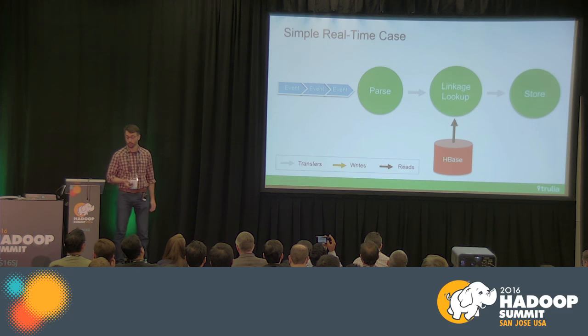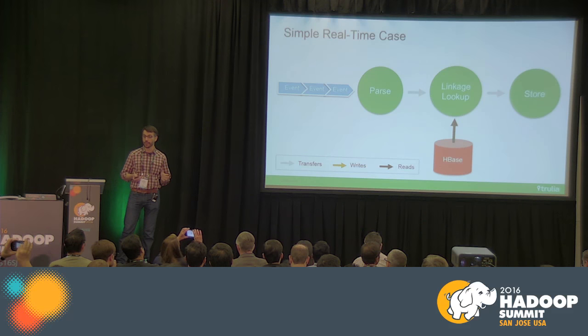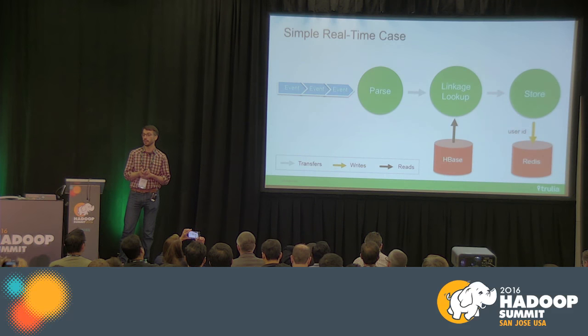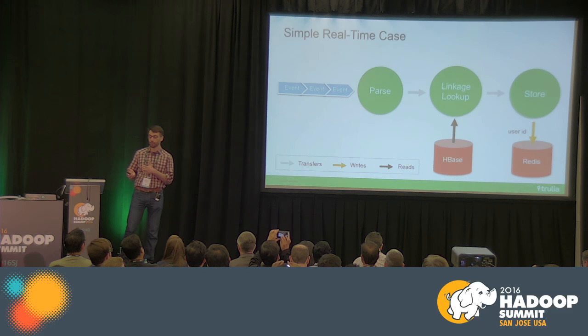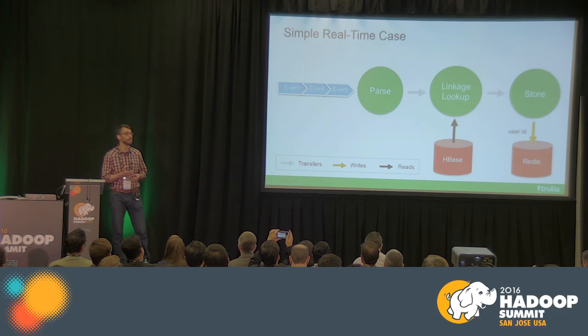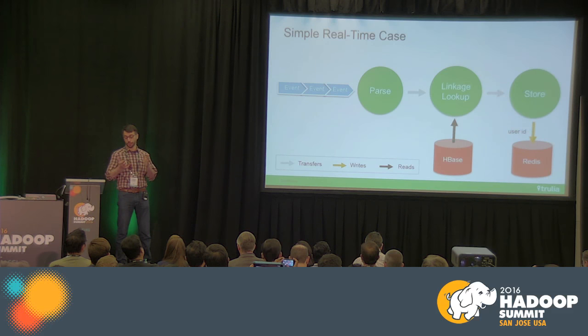And then we would store the partial user traits on an in-memory database, and in our case, we use Redis. We would use the user ID we discovered from the previous step in the linkage lookup to store that partial user trait with that user ID as the key.